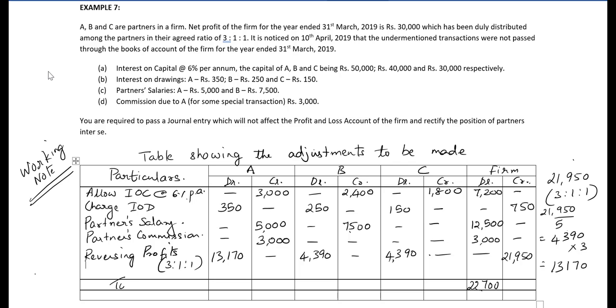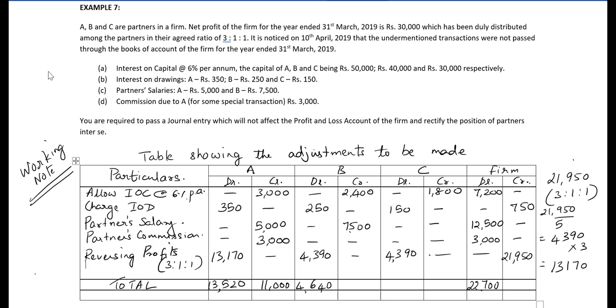Our next step is to find out the total. A debit total 13,520. A credit total 11,000. B debit total 4,640.